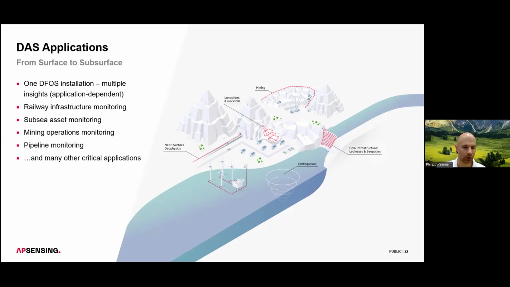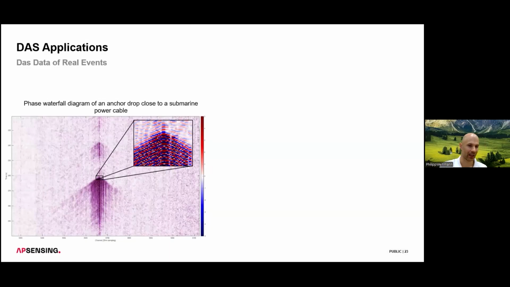Or you can use glass fibers in submarine power cables for detecting earthquakes, which is something we will see on the next slide.